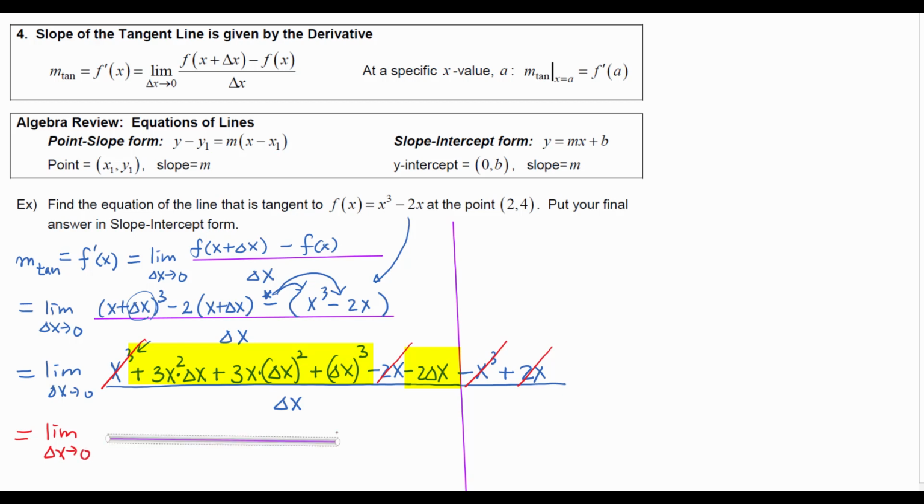If you factor out the delta x from the 4th term, you have 3x squared. From the 2nd term, you took out one of the delta x factors, so you have 3x, but you still have one more delta x factor. And from the 3rd one, you had 3 delta x factors, but because you took one out, you will still have delta x squared there.